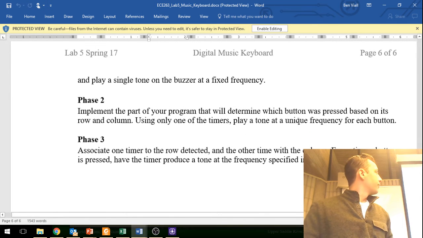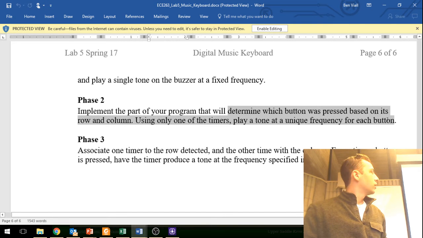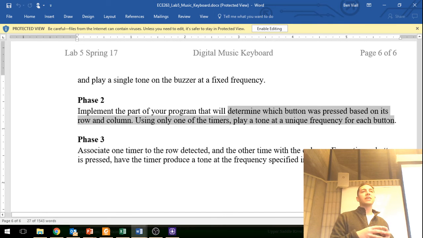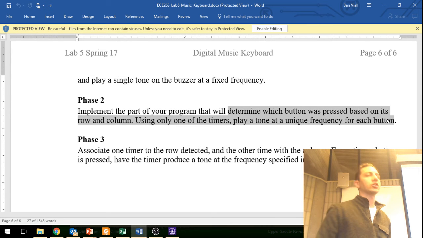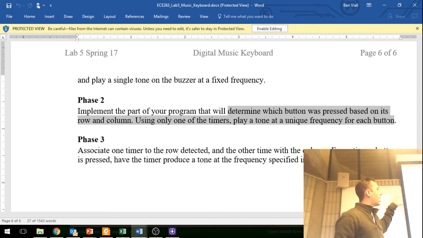Phase 2, okay, is implementing row and column scanning. How am I doing on time here? Okay, we've got enough time to actually look at row and column scanning. In the book, there is almost directly copyable code. There are a few things that'll need to change, but almost directly copyable code that you can use to scan a 4x4 matrix.